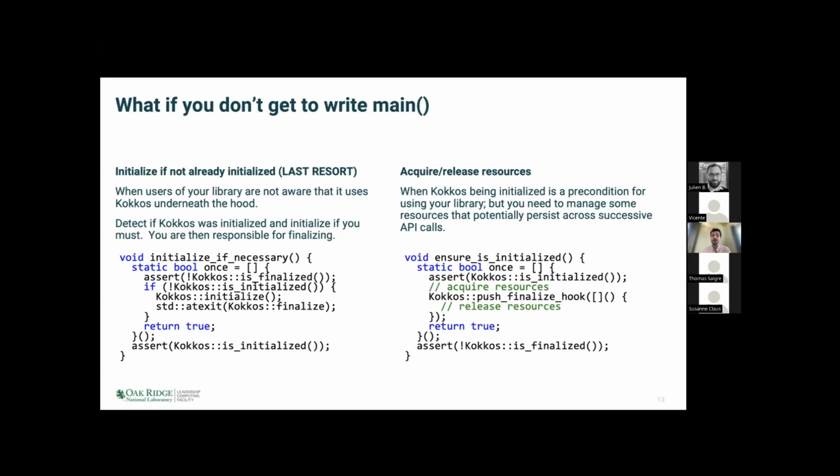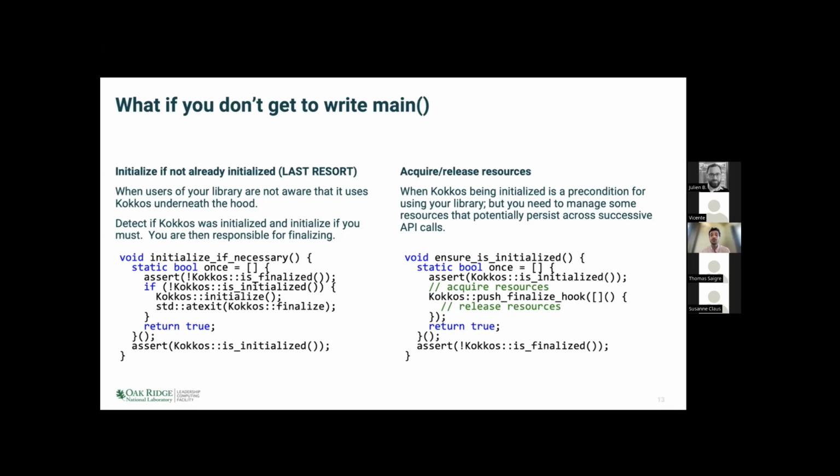You ensure Kokkos better be initialized now, and then you acquire your resources. That's where you would maybe initialize some static views that you're going to reuse in your API calls, or whatever is relevant for your problem.